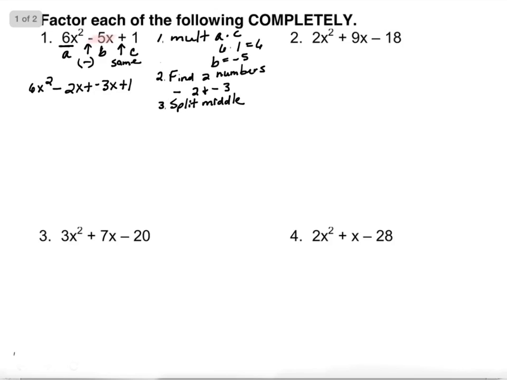And if you notice, that part is the same as the -5x. Then you're going to group.